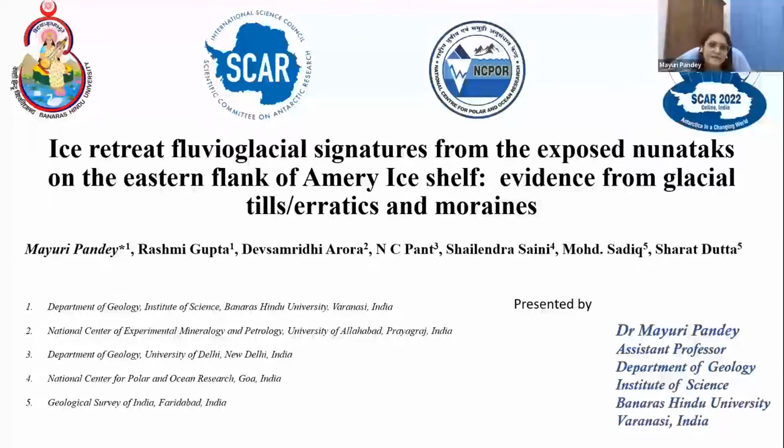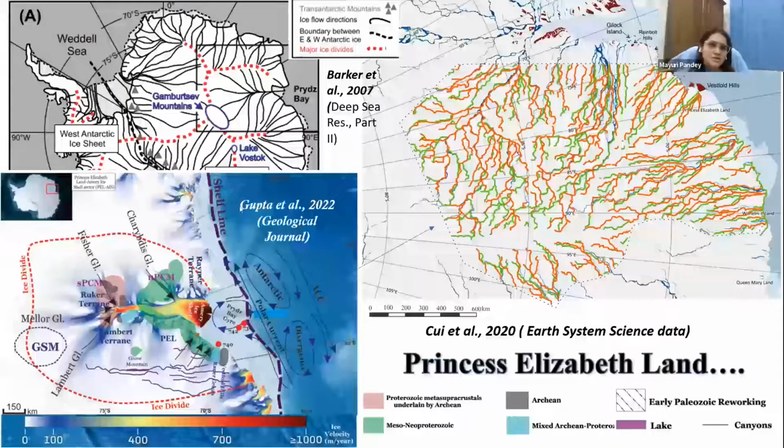So the broad idea behind this work was to infer the relevance and the significance of the Gamburtsev Mountains in the present inferred framework of Princess Elizabeth Land. What we know from study to date is that Gamburtsev is completely submerged or covered with the ice sheet, and then there is a mountain chain which is present.